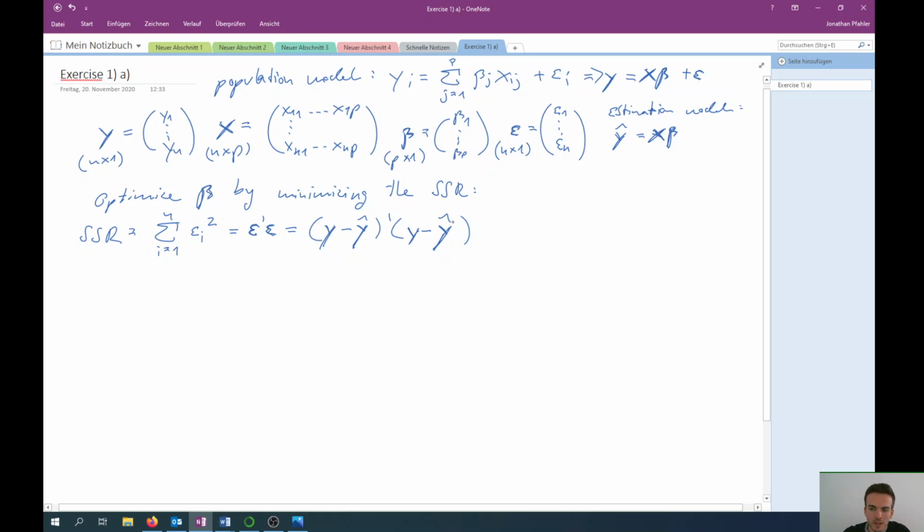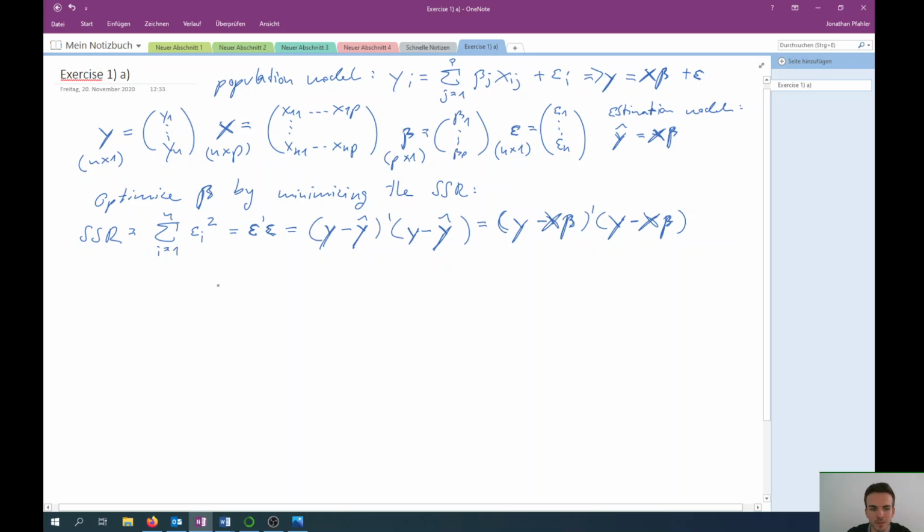And now let's plug in our estimation model. So this will be y minus X beta, times y minus X beta. These are all bold because these are vectors, and a capitalized letter means this is a matrix.